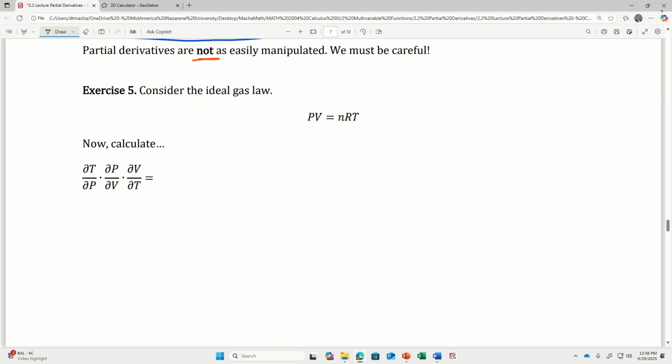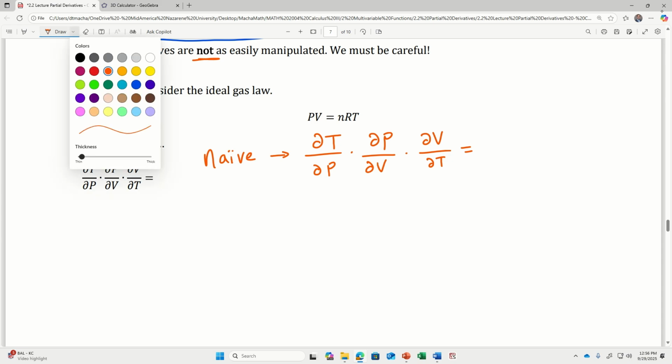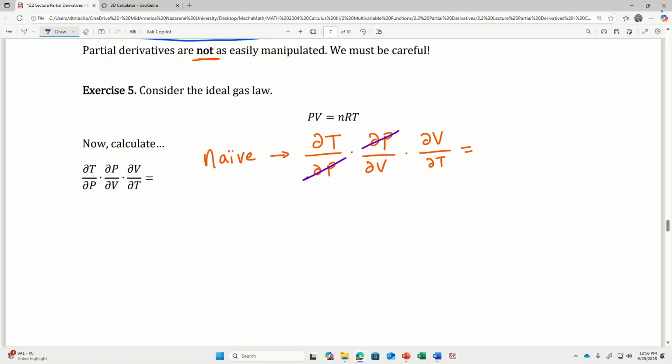but partial derivatives don't have that nice property. For example, if I were naive, then the way I might think of the partial derivative of temperature with respect to pressure times the partial derivative of pressure with respect to volume times the partial derivative of volume with respect to temperature, I might think to myself, well, dP dP, dV dV, oh wait, dT dT, that's just one, right?